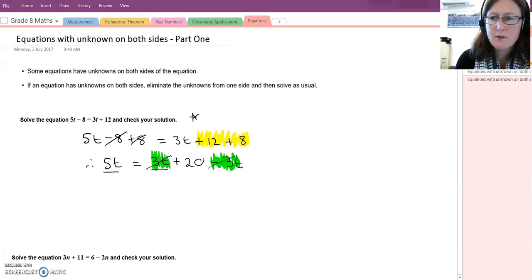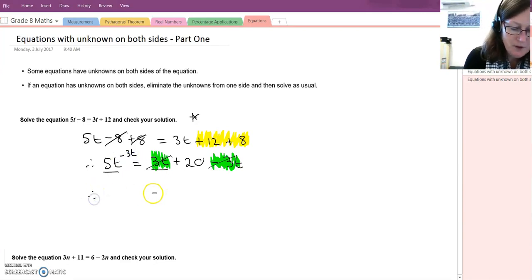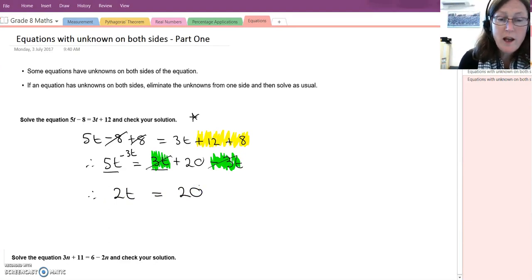But remember, we can't do something to one side without doing it to the other. So we need to subtract 3t from the left hand side as well. 5t subtract 3t leaves us 2t, and on the right hand side we have 20. So we have eliminated the unknown from the right hand side.